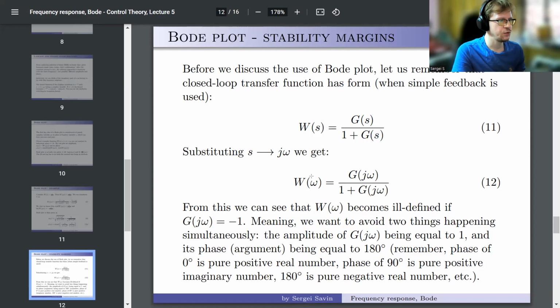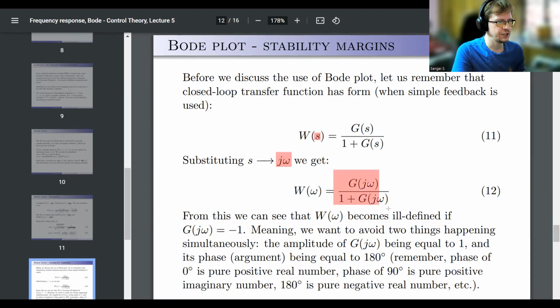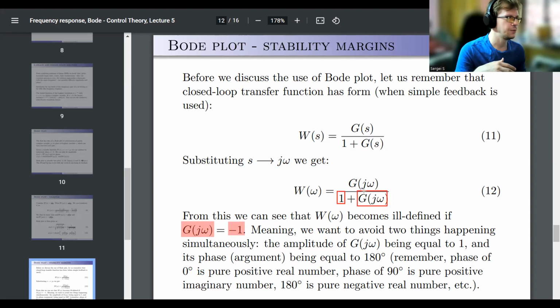So we substitute i omega instead of s here. What we get is this expression. And we see that this will become badly defined, or will just explode, when this approaches -1. Why? Because we have 1 here. If this becomes -1, the denominator becomes 0. Bad things happen.